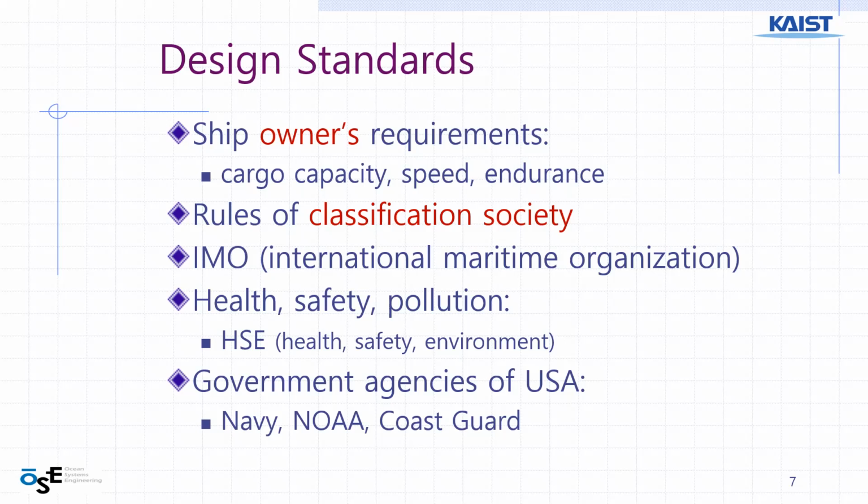In short, they are saying HSE. And also each country has its own safety regulations. So there are government agencies. For example, in the USA, the Navy has its own standard. NOAA is an atmospheric organization. The Coast Guard is the local police around the coast, near beaches and ports.